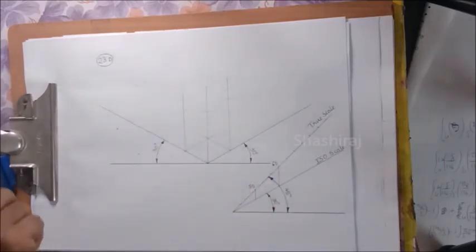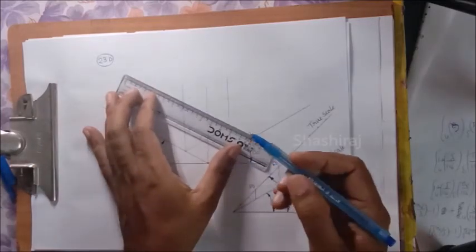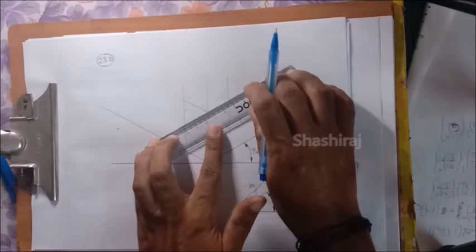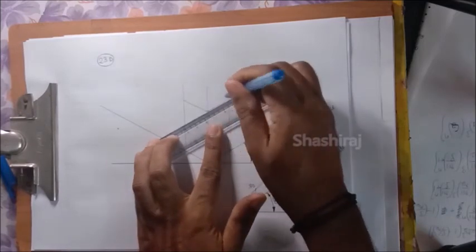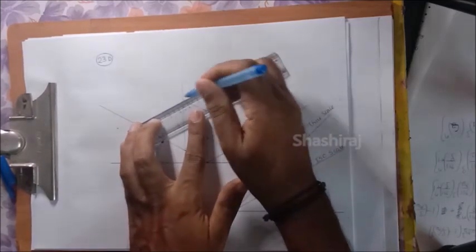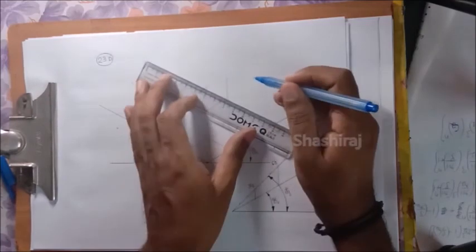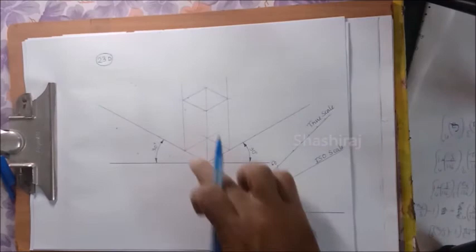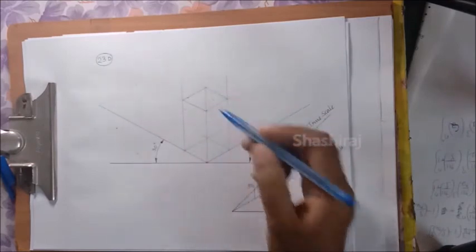So join those 4 points now to get the top face of the prism. One of the solids, the square prism, is constructed.